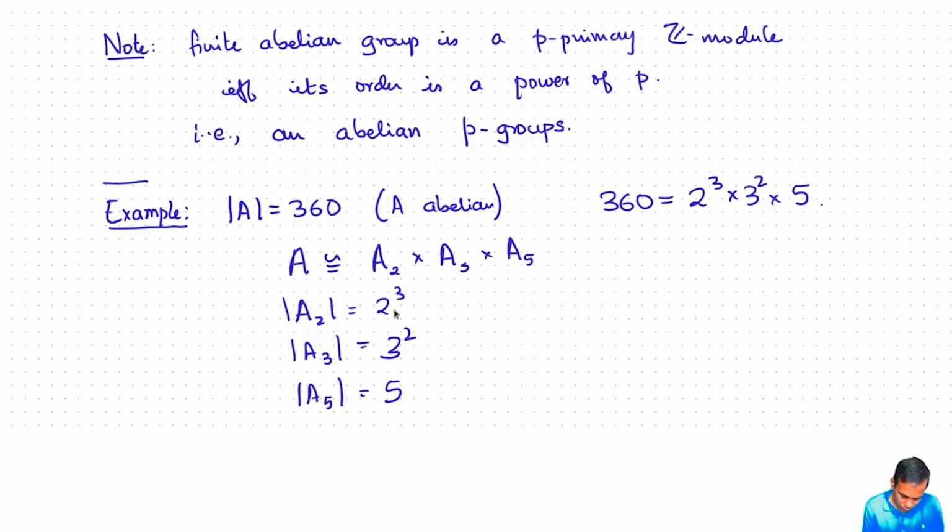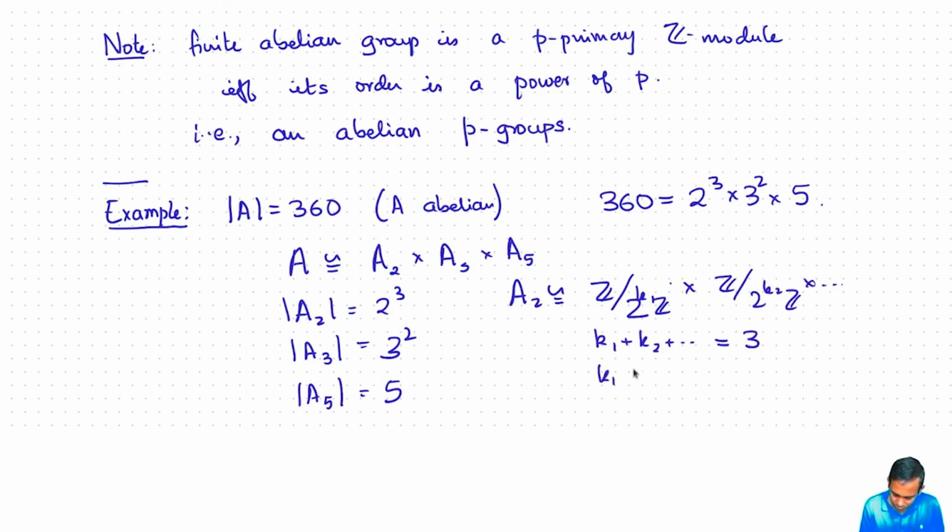Now A2 is going to be isomorphic to Z mod 2 to the power K1 Z cross Z mod 2 to the power K2 Z and so on, where K1 plus K2 and so on add up to 3 and K1 is less than or equal to K2 and so on. So the only way that you can have an increasing sequence of numbers add up to 3, the only possibilities are 1 plus 1 plus 1, or 1 plus 2, or just 3 itself.